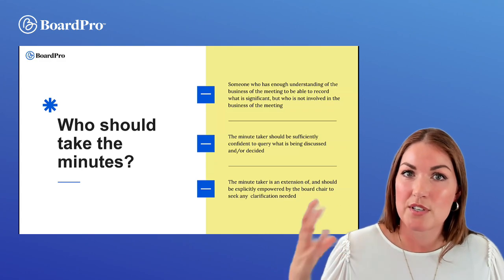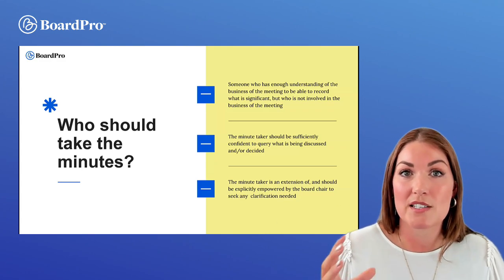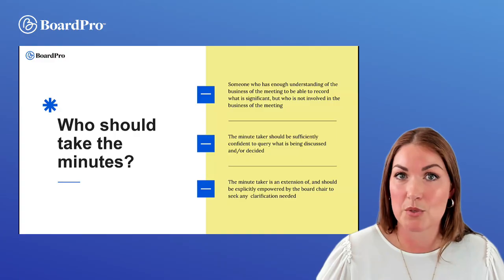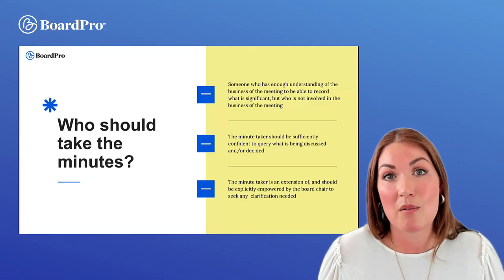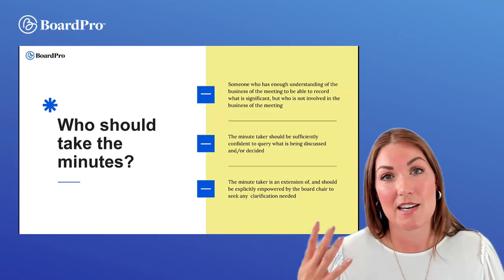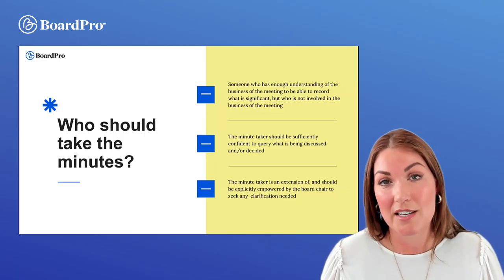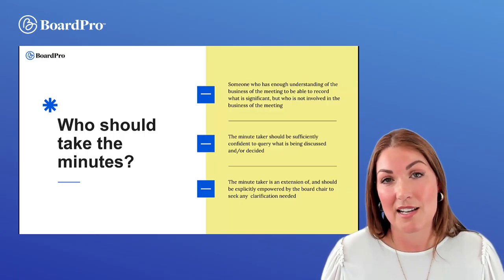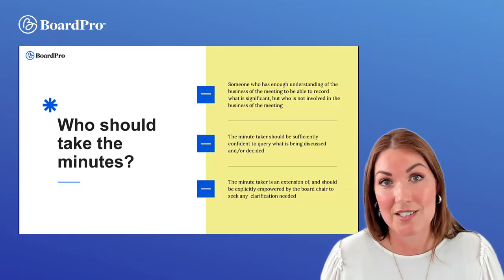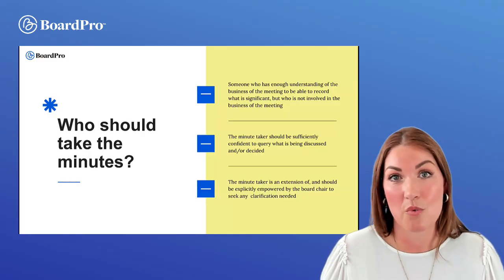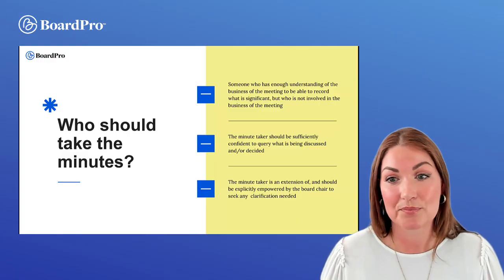So having someone outside the organisation or that isn't involved in the preparation of papers or the meeting is ideal. They need to be confident to be able to speak up if they need any kind of clarification in the meeting. It's better to deal with any clarification points there and then around any approvals or action, so everyone's aligned on what it is that the board's agreeing to.